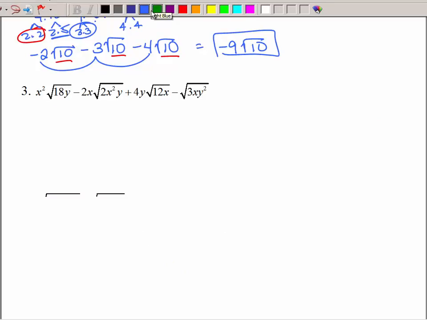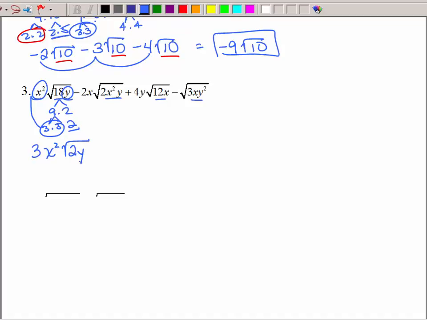All right, on number 3, now we see letters, lots of different things. So again, obviously none of those radicals are the same, but can we simplify them? I'm going to break apart 18 as 9 times 2, 3 times 3 times 2. So I can take out a 3. Now, there's already an x squared out there, so I put the 3, I keep the x squared, then I have a 2 and a y.